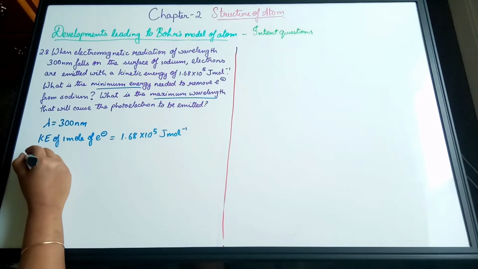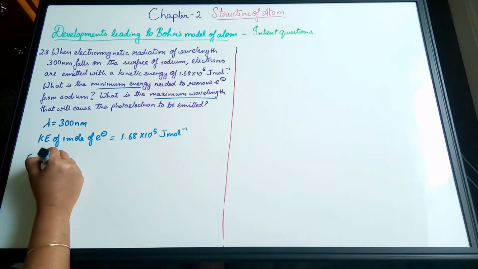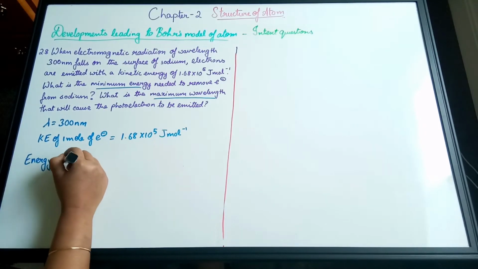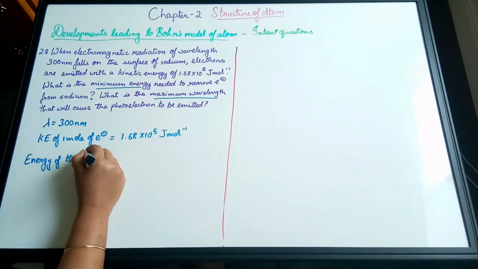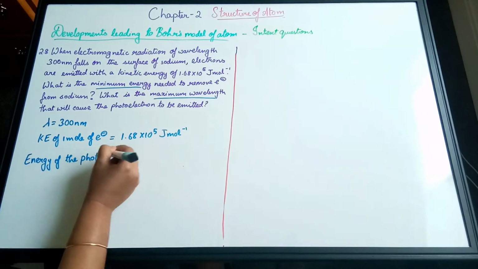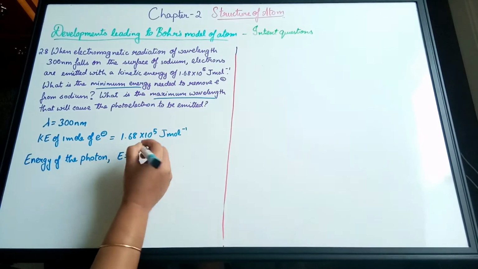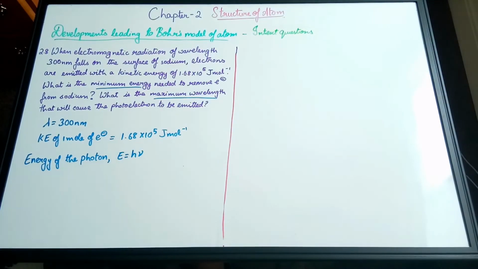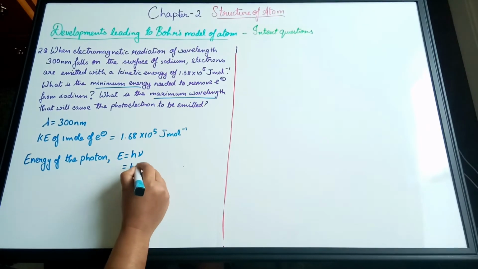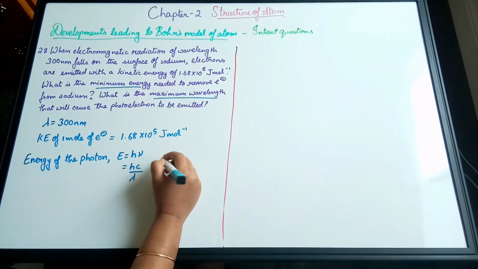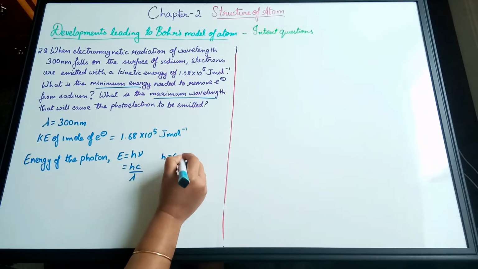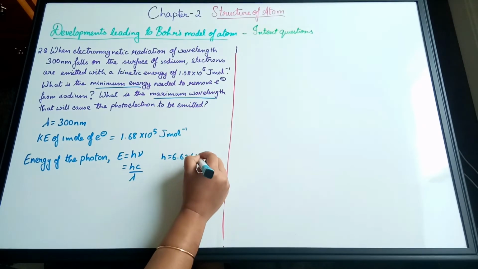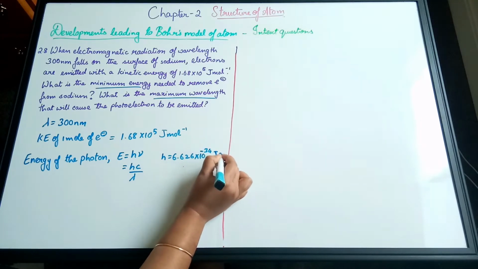So energy of the photon, that is E equals to h mu. We know that mu is equal to c by lambda, so E equal to hc by lambda. So here we know h is 6.626 into 10 to the power minus 34 joules second.